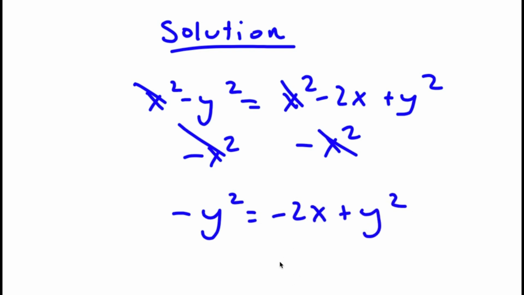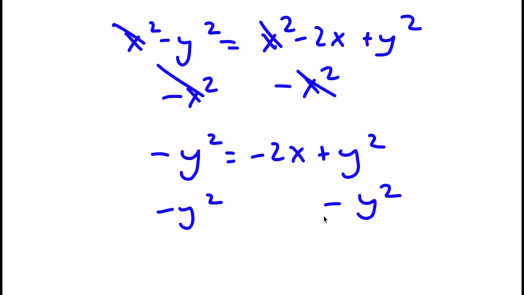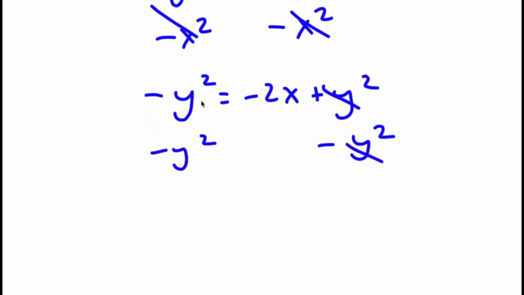So now I'm just going to subtract y squared on both sides. So then these two cancel out, and negative y squared minus y squared is negative 2y squared. So I have negative 2y squared is equal to negative 2x.